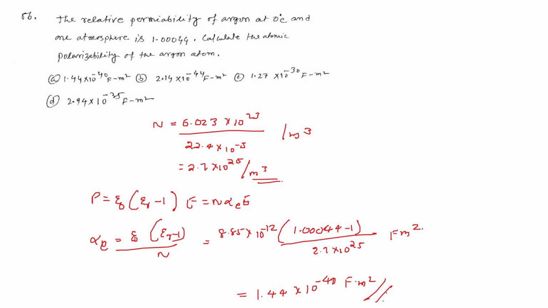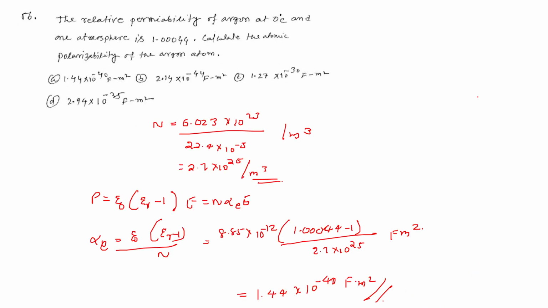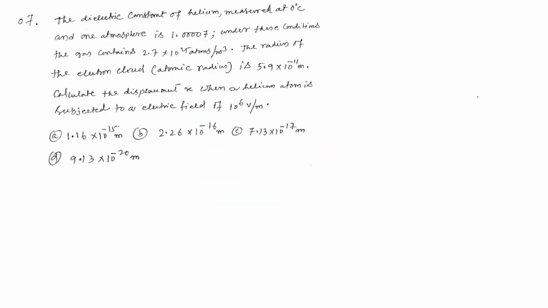Hope you noted it. Now let us go to the 7th problem. Okay. The dielectric constant of helium measured at 0 degrees Celsius and 1 atmosphere is 1.0007.